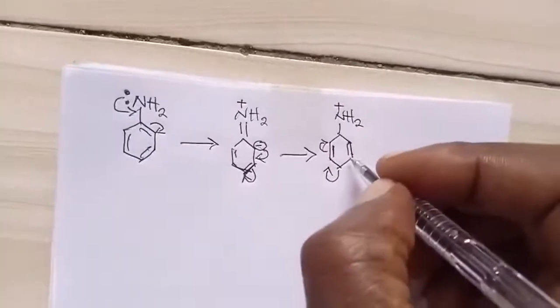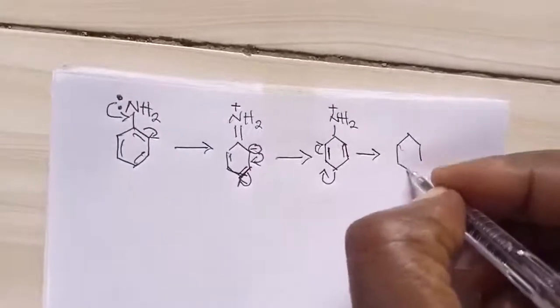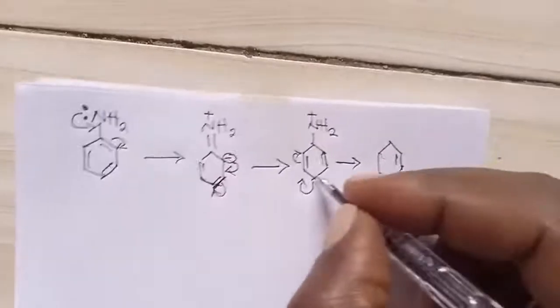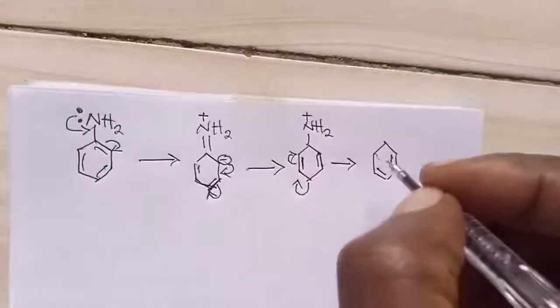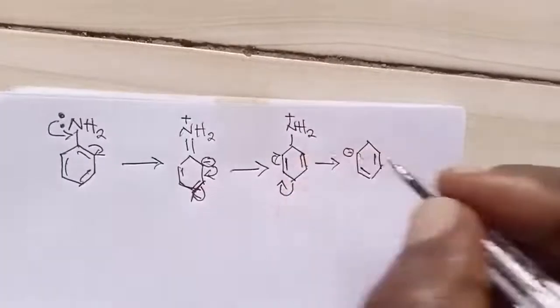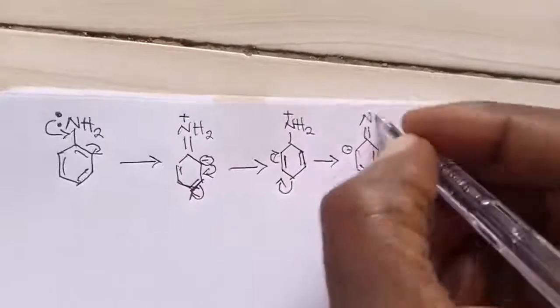So the next thing we're going to have is double bond is here, this has shifted to this point, here is negatively charged because it has received an electron, double bond is here.